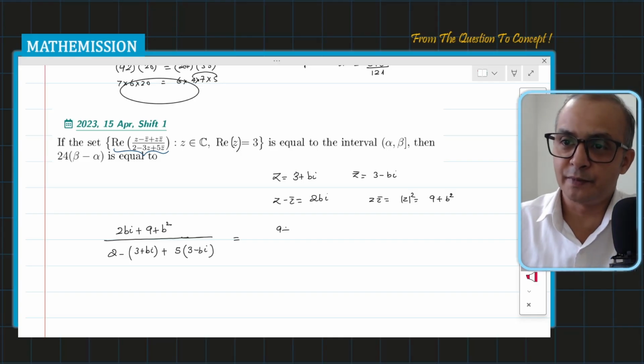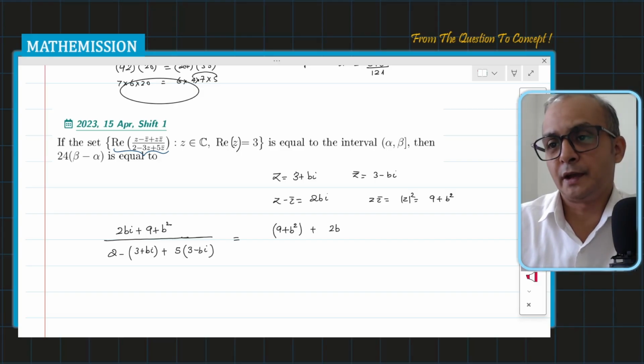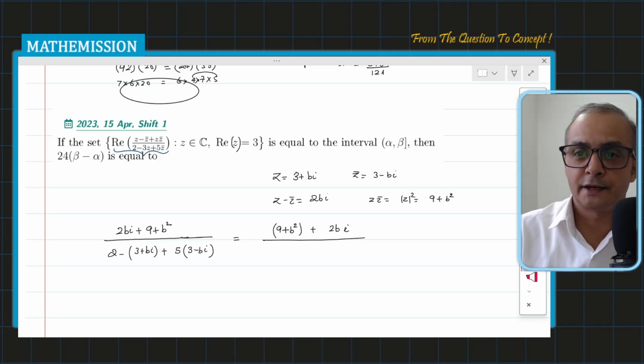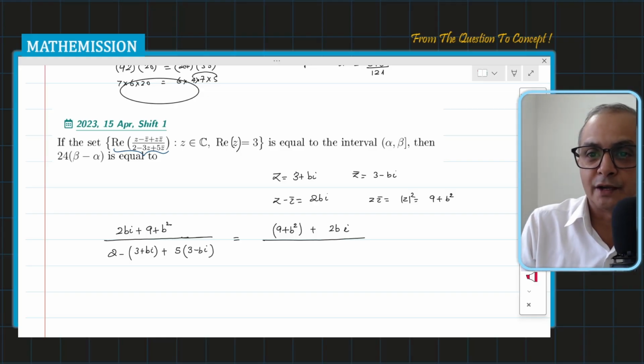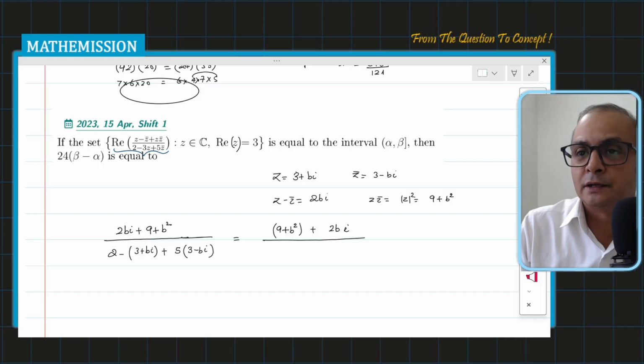So it is 9 plus b squared plus 2b iota, and here I can collect all the terms containing a real part and also the imaginary part together. This is going to be 3z, so I made a mistake here. That is going to be 3 times.